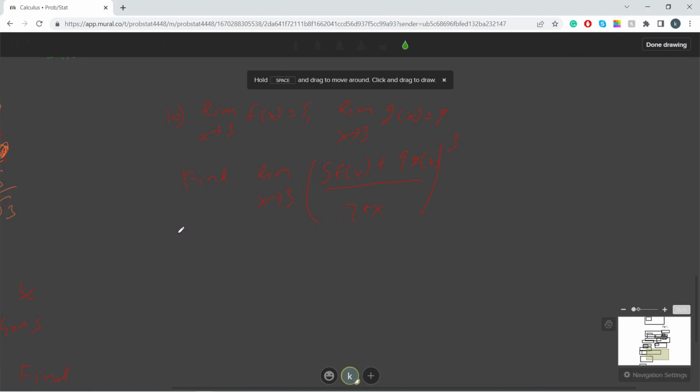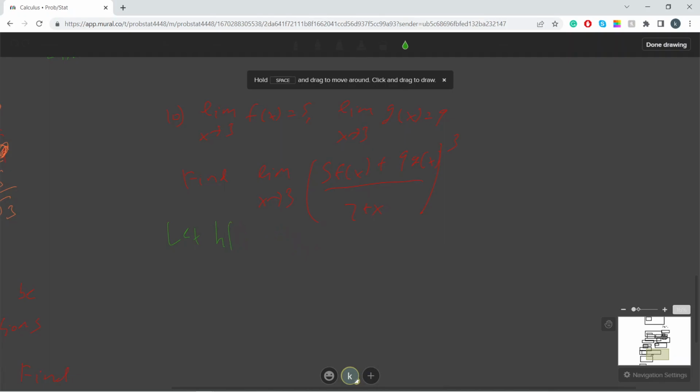So what do we do here? We can take advantage of 3 properties: the addition property, the constant multiplier property, and the composition property. And also the quotient property. Let me make this a little bit more formal.